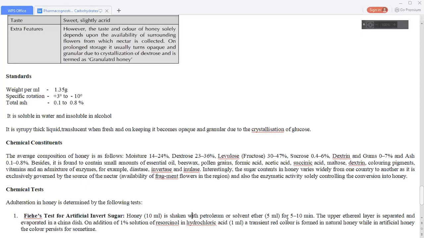That's why the taste also varies, and also the enzymatic activity solely controls the conversion into honey.